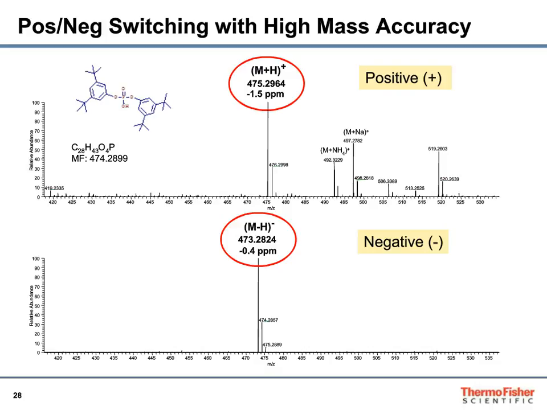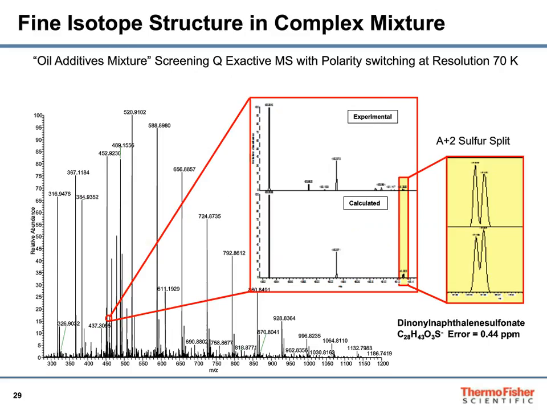Also, as we all know, the fine isotope structure is very important when you do unknown impurity analysis. So this is an oil additive mixture run on the Q Exactive, using 70,000 resolution. When we zoom in on a small peak, we can separate it. And if we take a close look at the A2 isotope, we see a sulfur split.